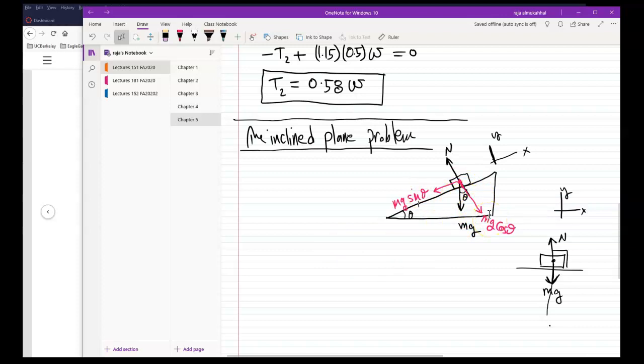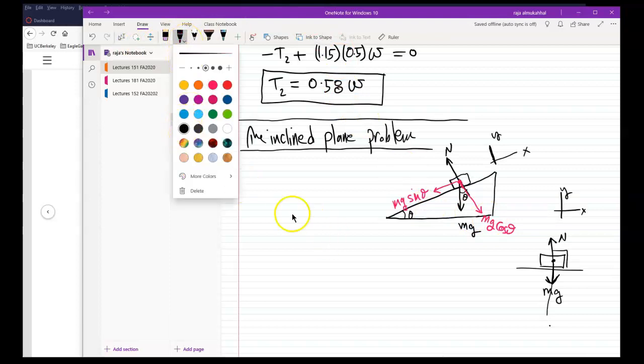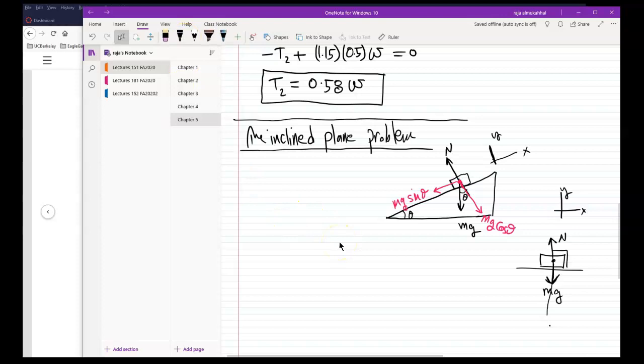And now when I ask the question, what are the forces along the x-axis? Go back to black. What are the forces in the x direction? Let's say sigma F sub x equals 0. Well, we have the mg sine theta going this way, which makes it negative, right? See, here's my datum right there. That's the negative side of it.